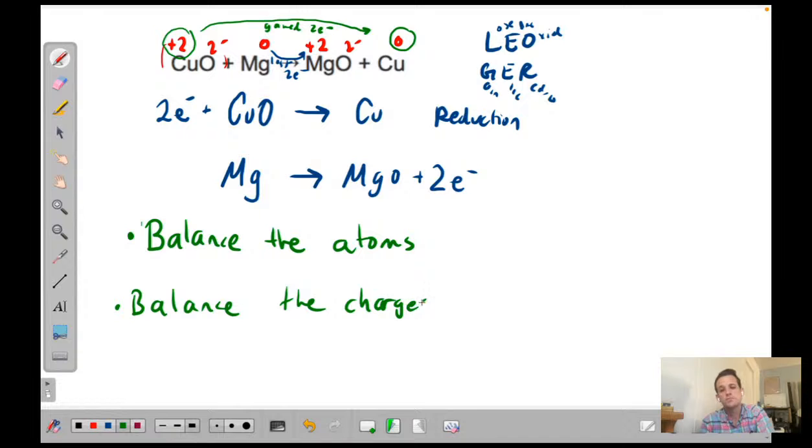There's a whole process to go through when you have this happening in water. When there are acidic or basic solutions, you use water and hydrogen ions and OH ions to essentially balance out these equations. But again, as far as I'm reading, although it's on every review site, I don't see that it's on the AP exam.